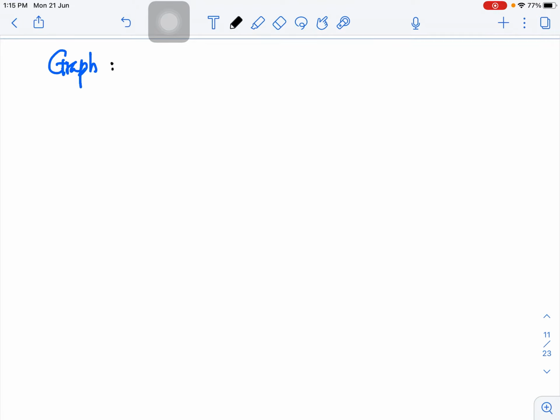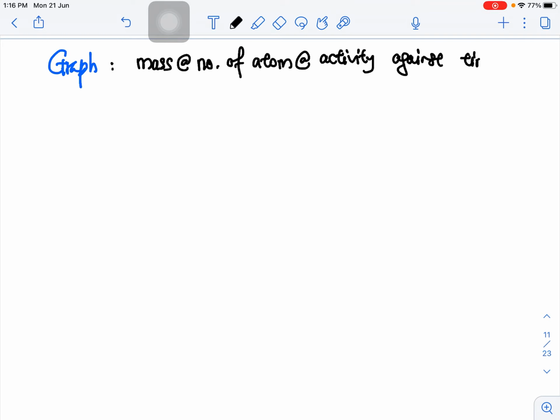Our vertical axis can be mass, number of atoms, or activity of the nuclei, but our x-axis is time, because we want to find the time taken for the mass, the number of atoms, or the activity of the radioactive element to become half of its initial value.